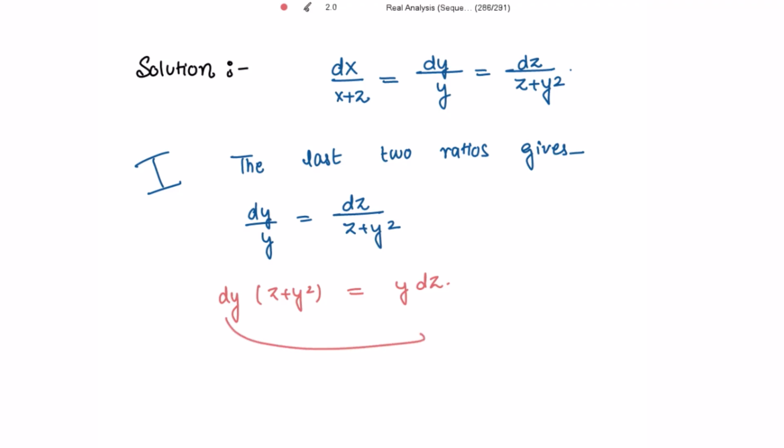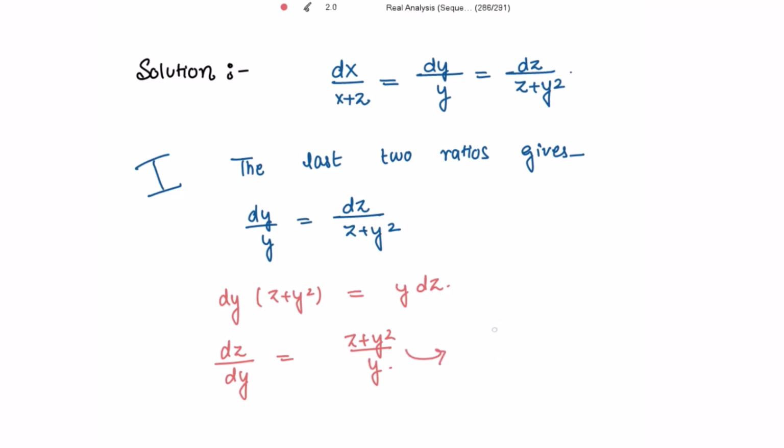And then taking dy to the other side in the denominator, this is dz by dy equals (z plus y squared) divided by y. We can write this as z divided by y plus y, right? Taking this to the other side, we get dz by dy minus z divided by y equals y.